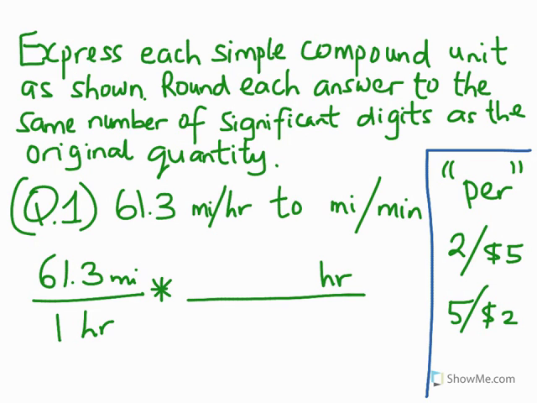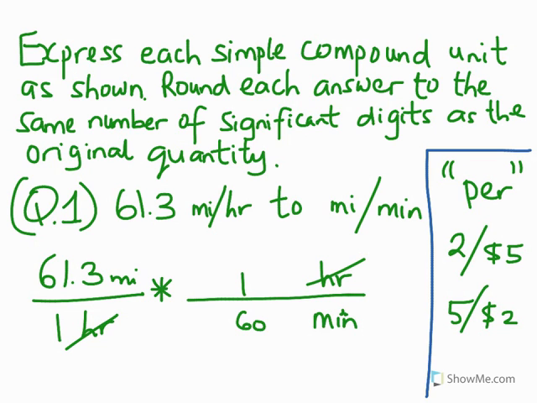But we want to change the hour to minute, so we now have to write minute here. Okay? So we ask ourselves, what is the relationship between hour and minute? We see that 60 minutes make 1 hour, right? So our hour will cancel our hour here, and then we have 61.3 divided by 60.